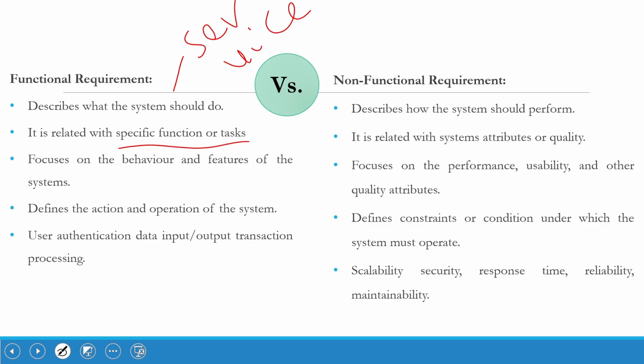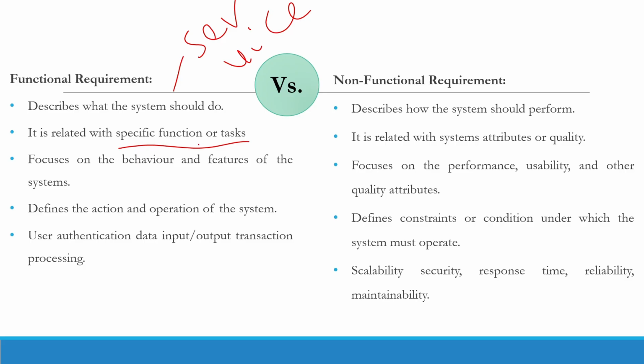It's related with a specific function. It focuses on behavior or features of the system. We know that requirements are features of the system. So the functional requirement is directly involved in system building.